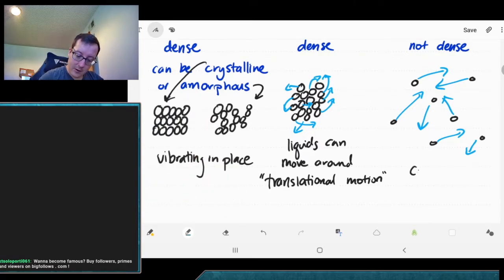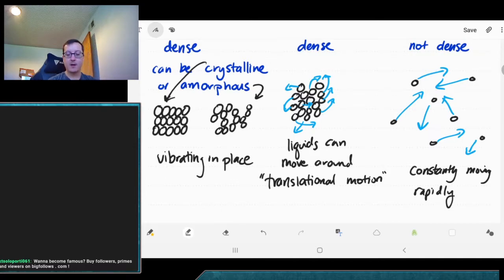So they are constantly moving rapidly. So hopefully just the size of the arrows there compared to the liquids, you can see they're moving more quickly. They're spread out as well. That's how we can see this density property.